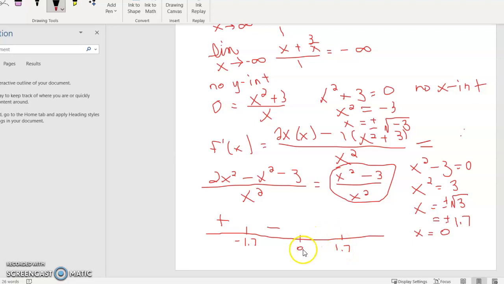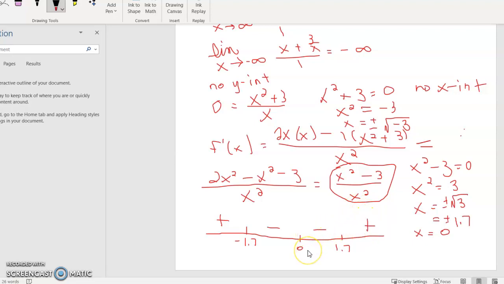If I choose something between 0 and 1.7, let's say a 1, I'll have 1 minus 3, again negative, over 1 squared, which is positive. Negative over positive will be negative. And finally, if I choose something over here, let's say a 3, I'll have 9 minus 3, positive again, over 9. Positive over positive is positive.